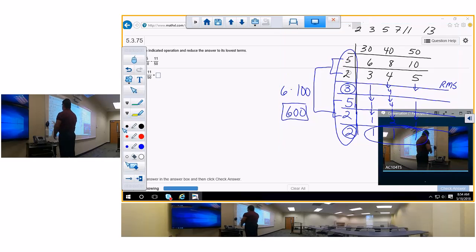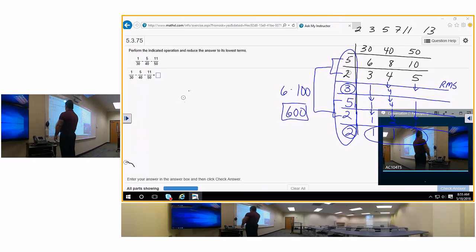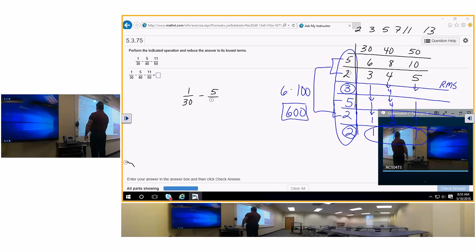I'm going to rewrite the question. 1 over 30 minus 5 over 40 minus 11 over 50. And the common denominator is 600. So I put a 600 here, 600 here, and a 600 here.